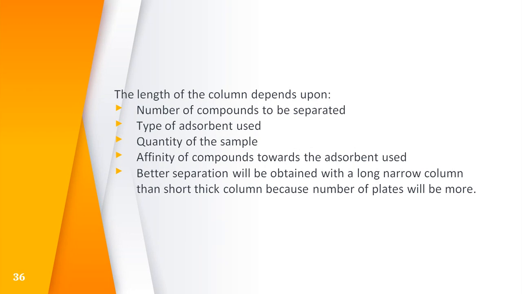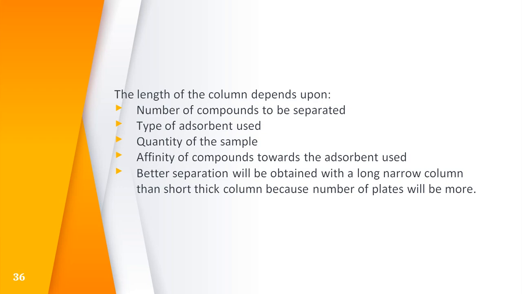Length of the column depends upon the number of compounds to be separated. The higher the number of compounds to be separated, the longer the column that should be used. Then the type of adsorbent used, then the quantity of sample. If the quantity of sample is high, then the length should also be more. Then the affinity of compounds towards the adsorbent used.